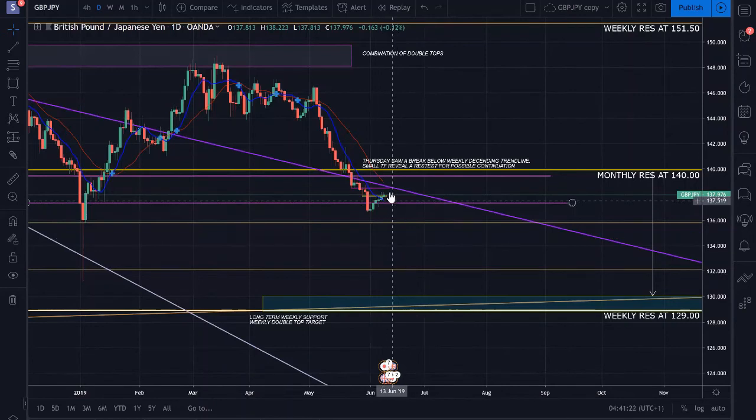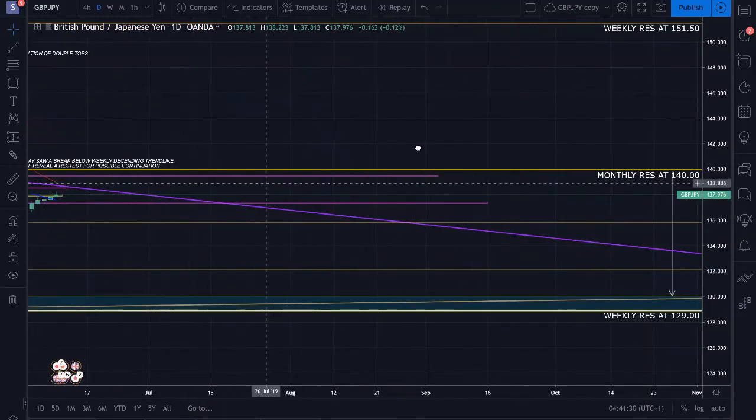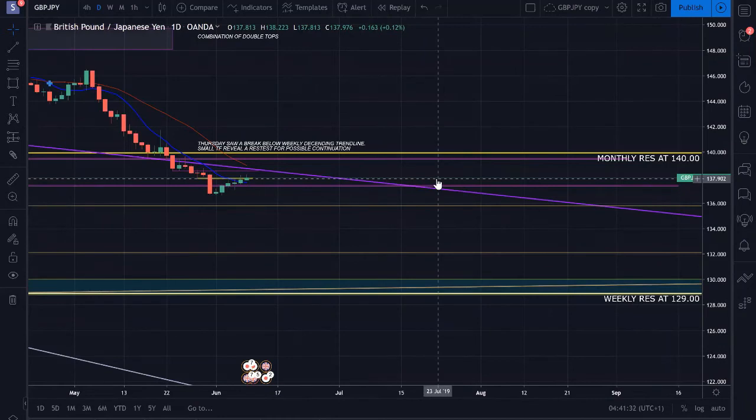But at the moment, I'm expecting the downtrend to continue. So we may pop up towards 138.50 before descending down. At the moment, price is kind of stuck below 137.90. I can see we're struggling to close above it. So eventually the buyers may throw the towel in, and this price could just tank down to 129.